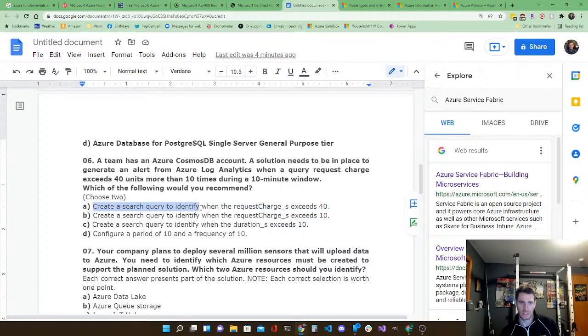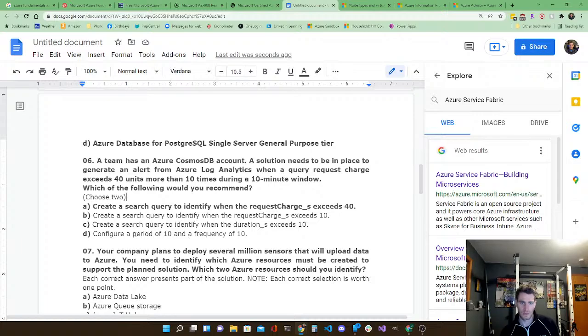I'm going to go for this. That's going to give us 40. Oh, so we need 2. Okay. So you can't really do it with just this. We need this to get our search query when it exceeds 40. But then we also need, I think, the period of 10 and frequency of 10.